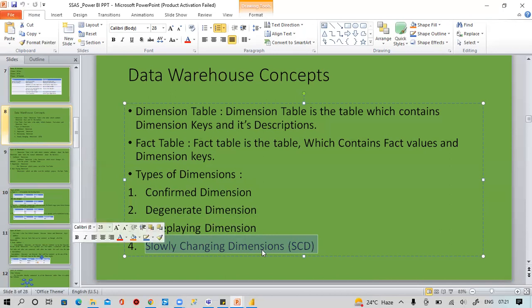What does type 1 do? As I said, slowly changing dimensions maintain our changes, our history. For the time being, now I am residing in India. Tomorrow, let's say I move to London.